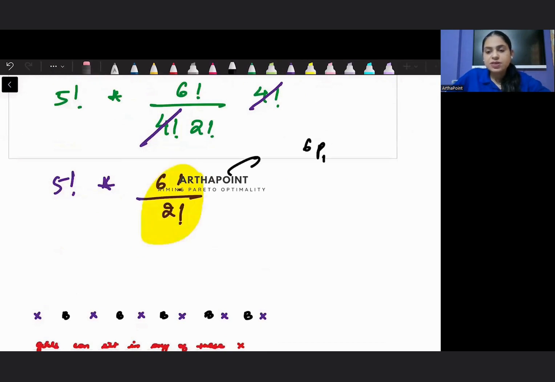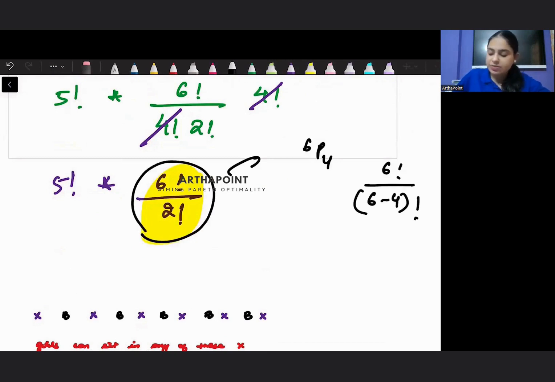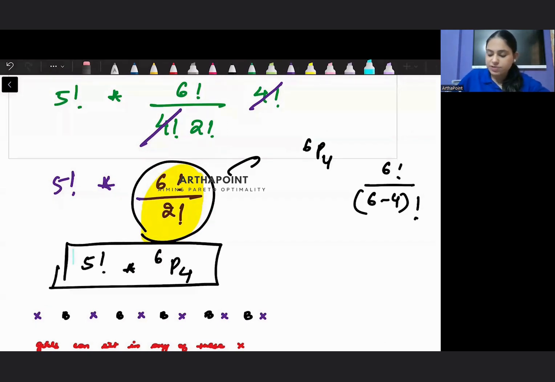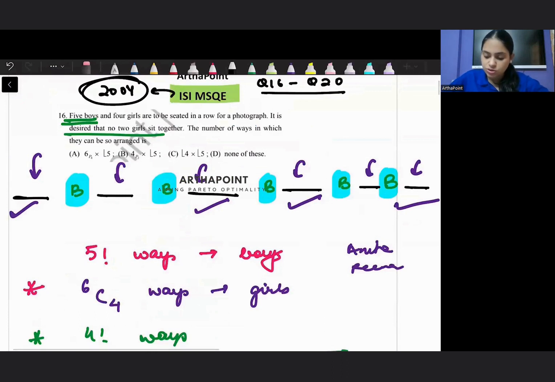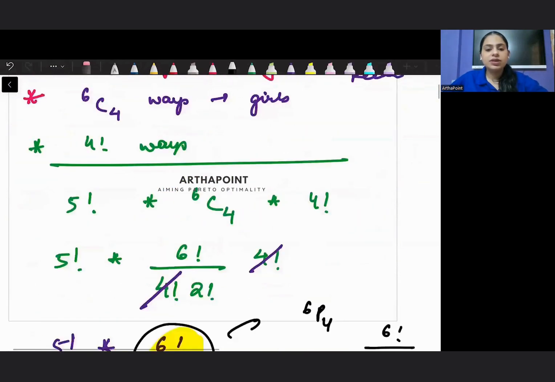When I have 6P4, it gives me 6 factorial by (6 minus 4) factorial. So this part can be written as 6P4, and ultimately this will give me 5 factorial into 6P4, and that would be the answer to this question. So the answer will be A.